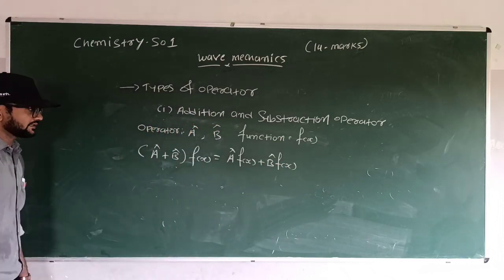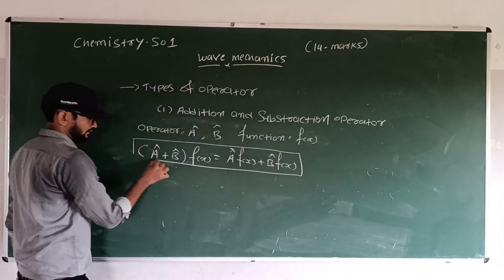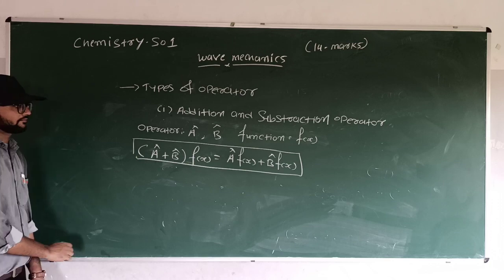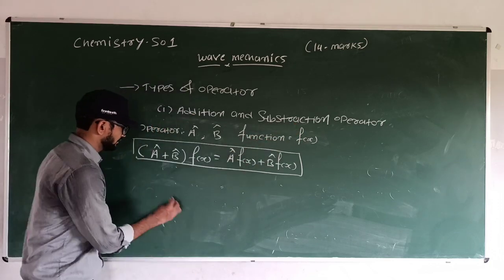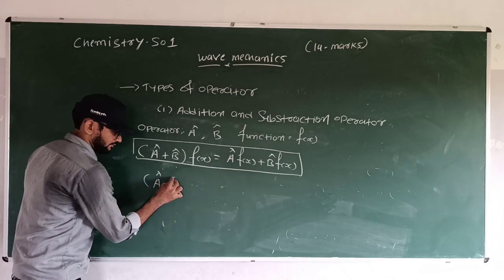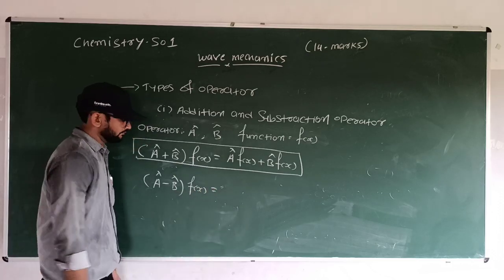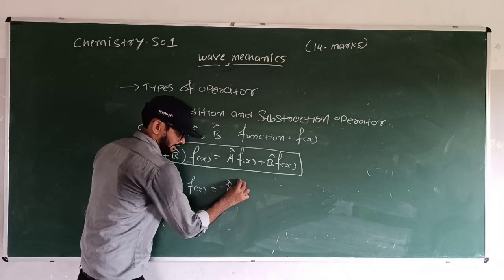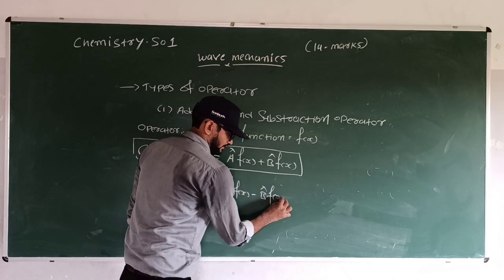The same for the subtraction operator: AK minus BK on fx is equal to AK fx minus BK fx.